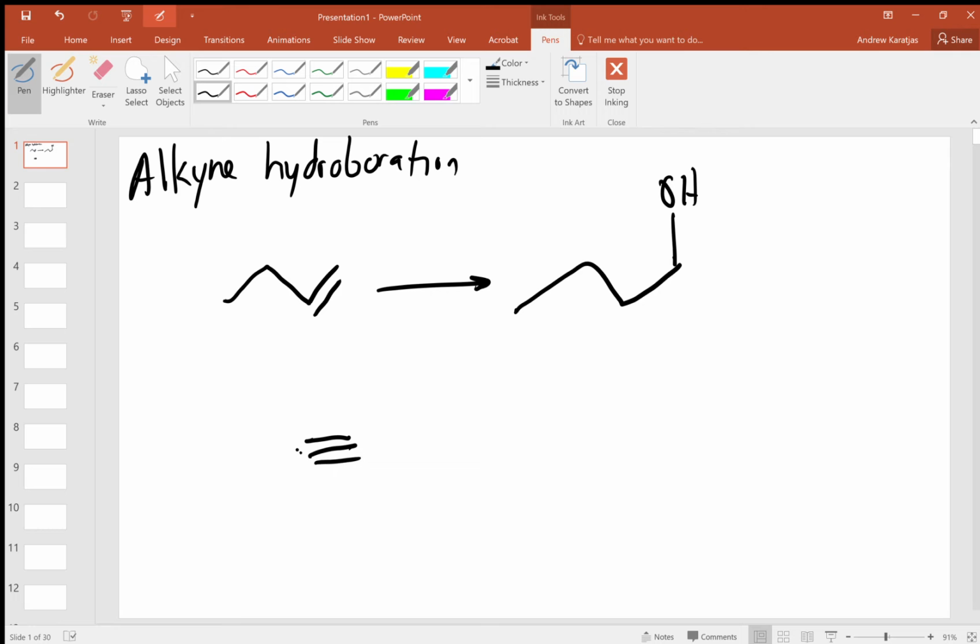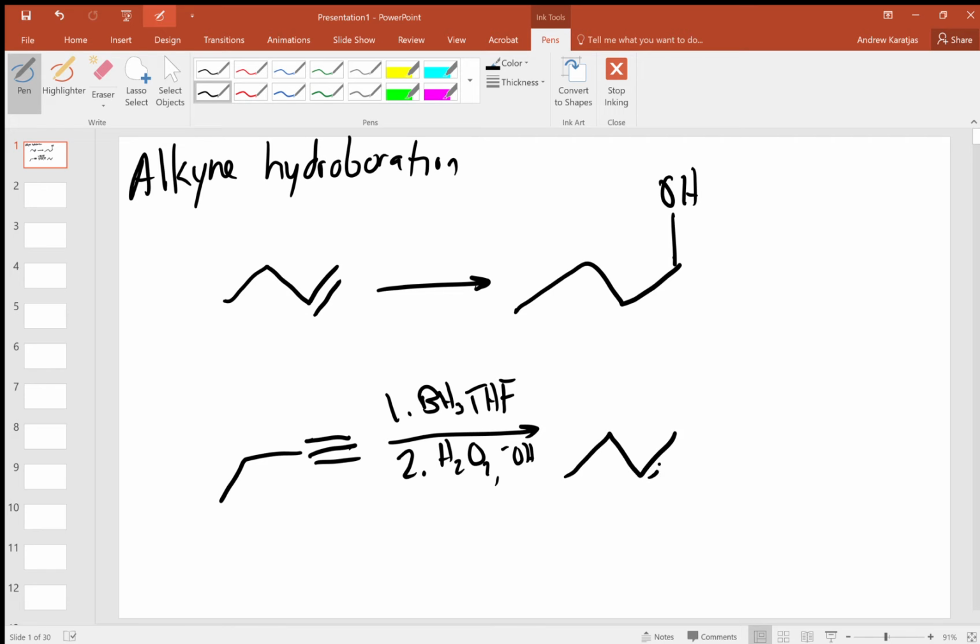Now, hydroboration of an alkyne uses the exact same reaction conditions, and also gives us the less substituted or anti-Markovnikov alcohol.